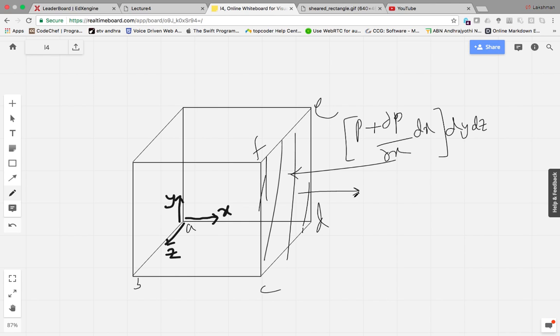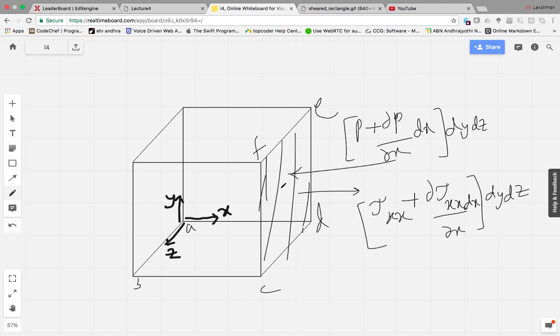Again, this all comes from the convention that we have used. We have assumed that the horizontal velocity, vertical velocity, and z component velocity are increasing in the positive x, y, and z directions. For this particular arrow that I have written, horizontal velocity u is increasing along the x direction. That's why I have written it like this. And the value is tau xx plus del tau xx by del x, okay, there is a dx that I am missing here, multiplied by dy dz.